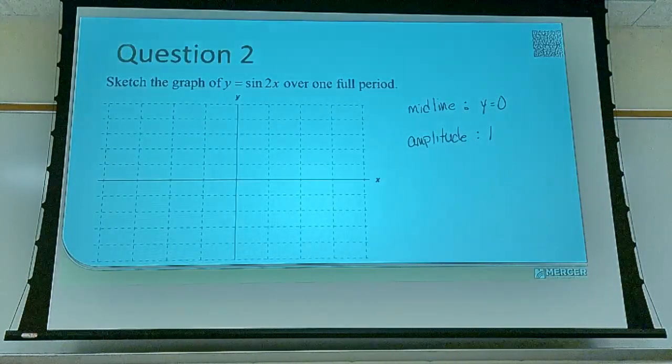Period is 2 pi divided by the absolute value of what x is being multiplied by. This gives you a period of pi.